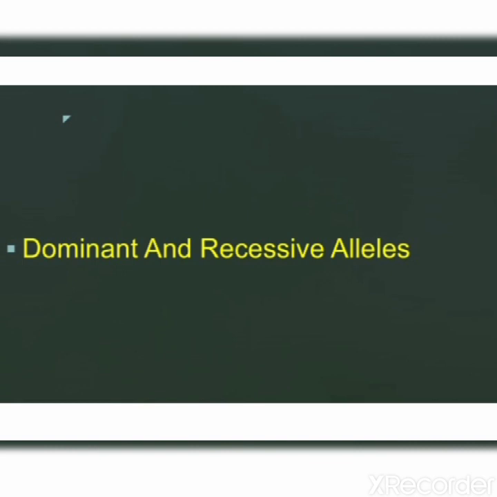Dominant and recessive alleles. Out of the two alleles of a gene, one is dominant, means super ruling, and the other is recessive, means subordinate or submissive.